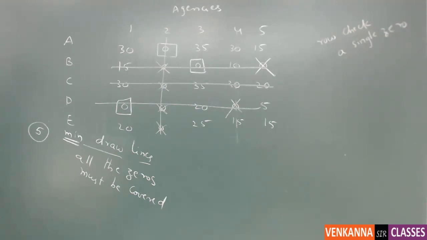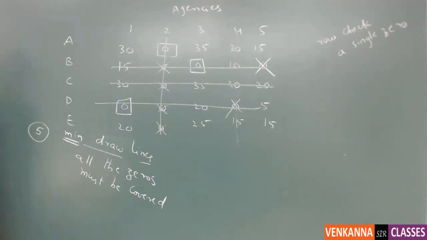Right. So what is the other way if you talk of to cover all the zeros? Can you draw 3 lines to cover all the zeros? So line through C is not required.